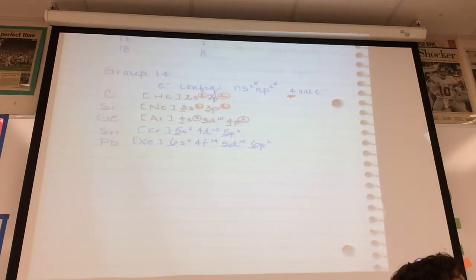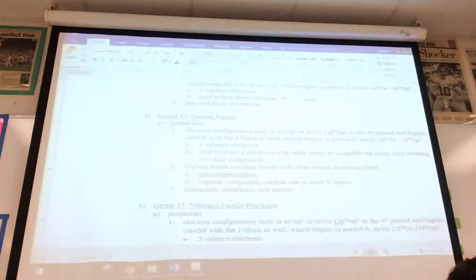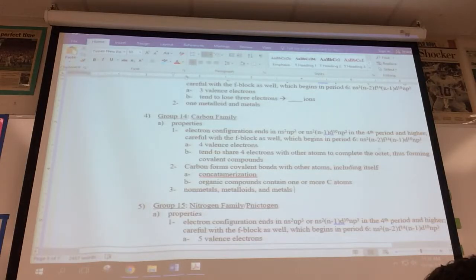So in group 14, the carbon family, the atoms can lose 4, they can gain 4, or very often, especially in the case of carbon, they will share 4 electrons with other atoms to complete that octet of electrons. And they will form covalent compounds.